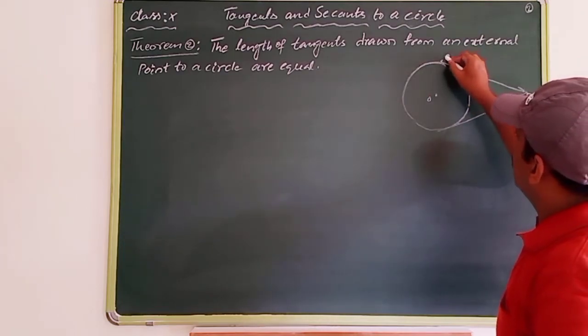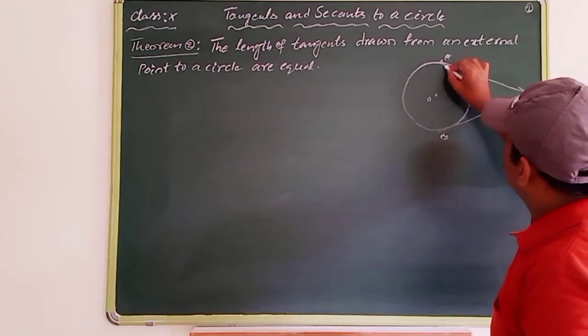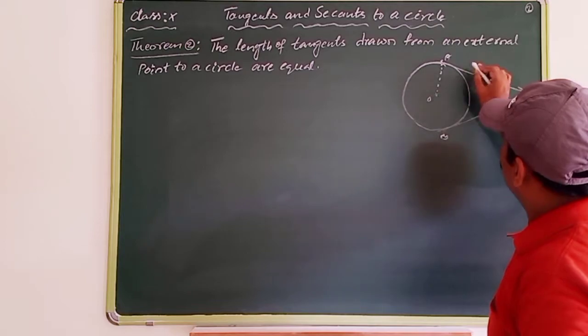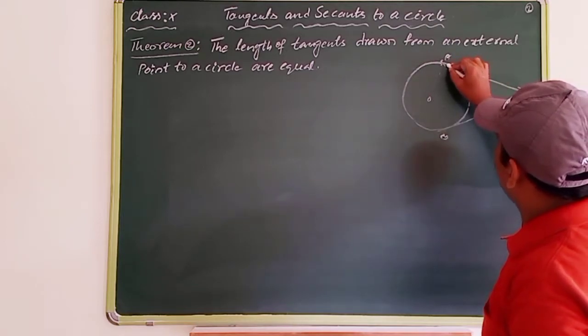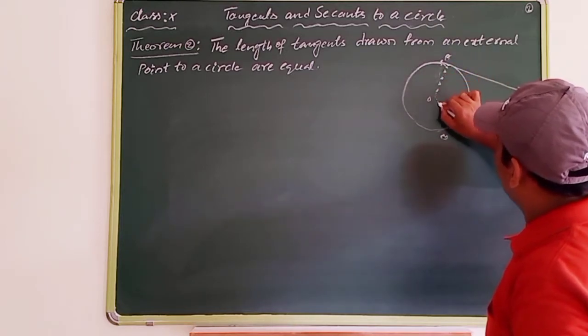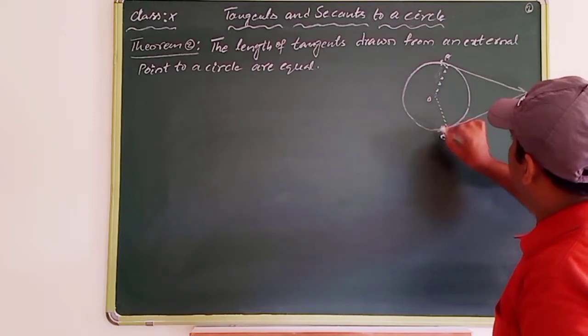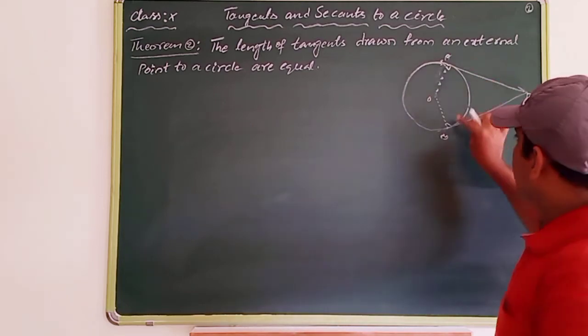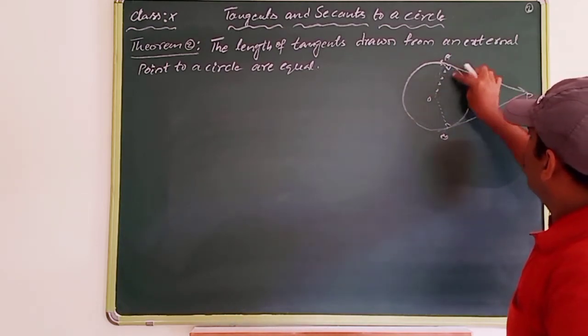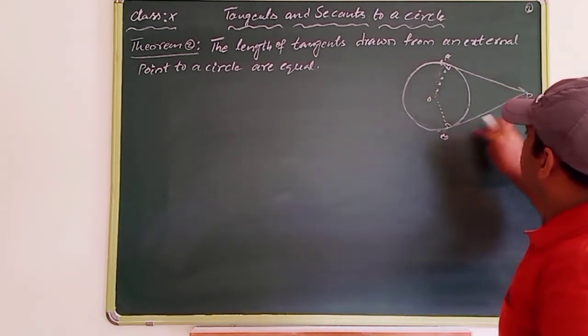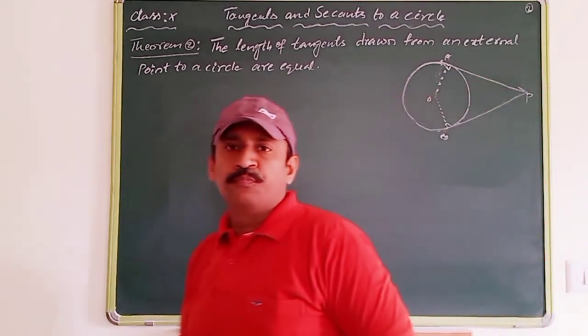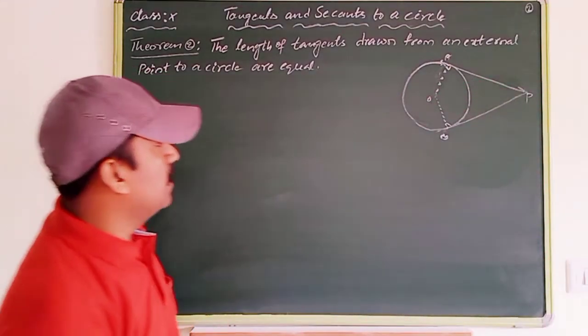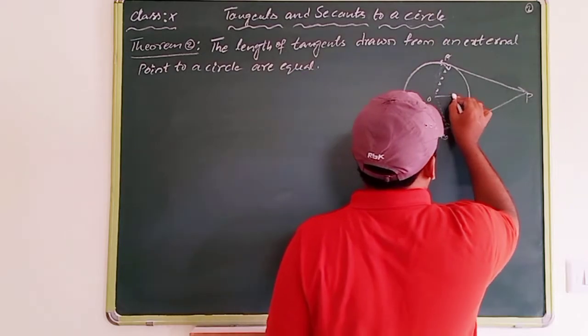This is the point A and this is the point B. OA and OB are the radii of the circle, and they make 90 degrees with the tangents. This is the rough figure, and here we are also joining OP.